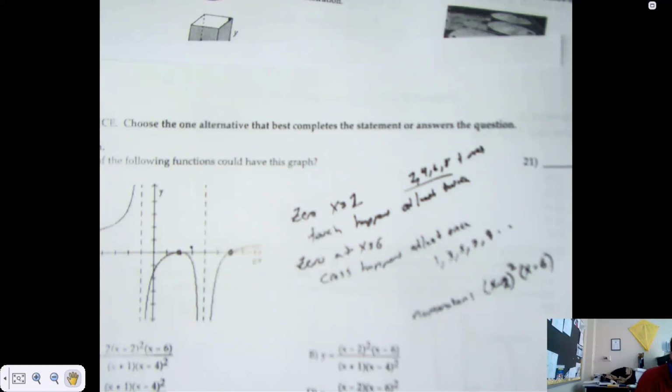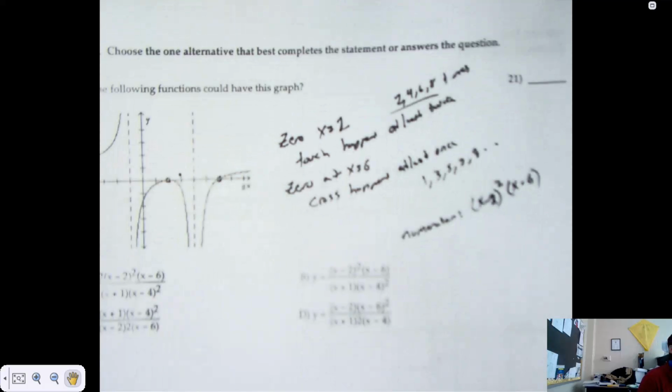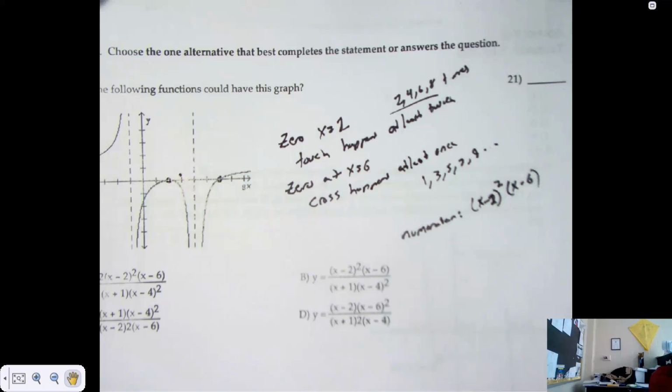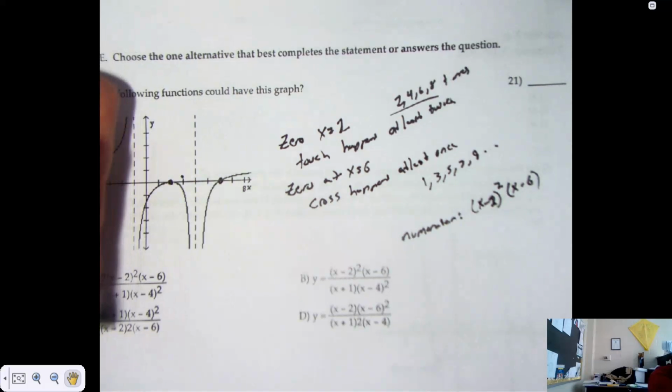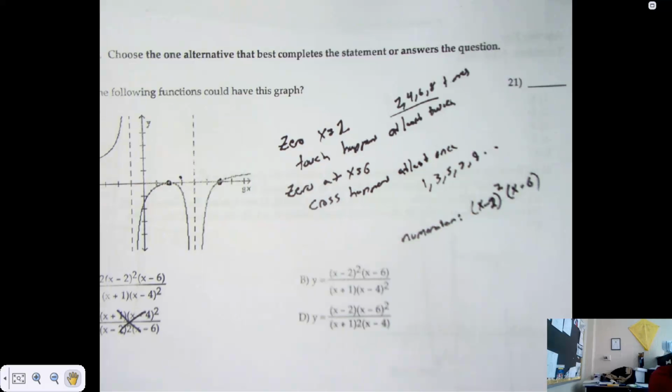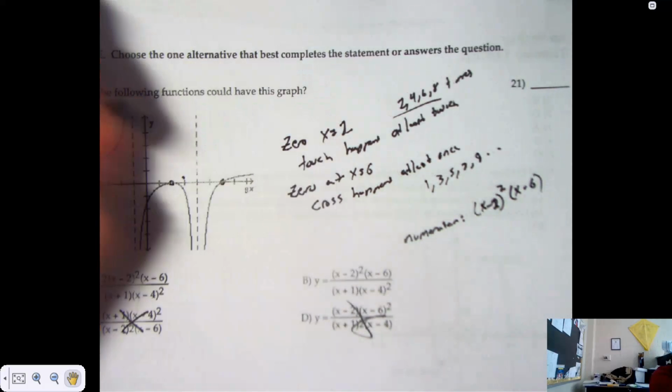So what does that eliminate for us, if that's what our numerator has to be? Does it eliminate choice C? Yeah, choice C is gone. Anything else? It eliminates D.